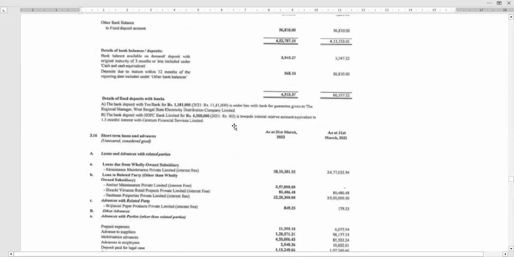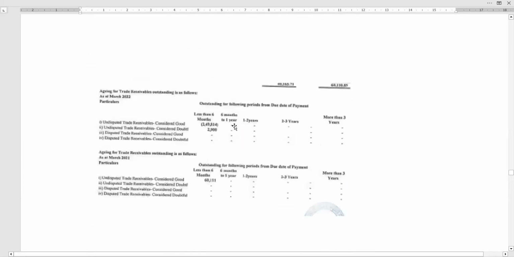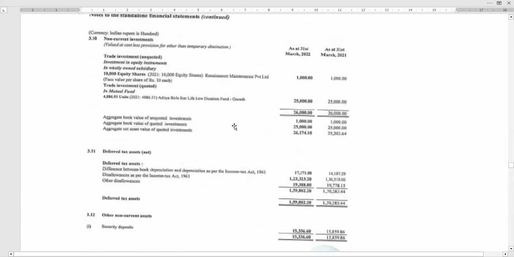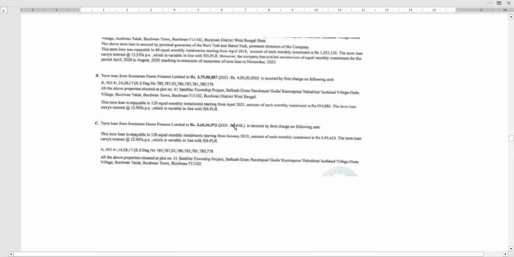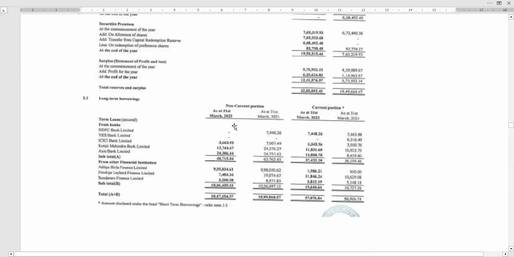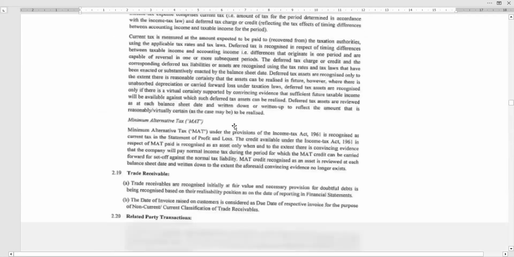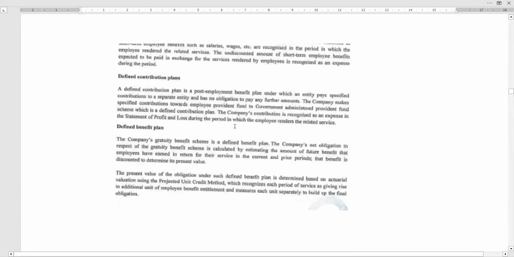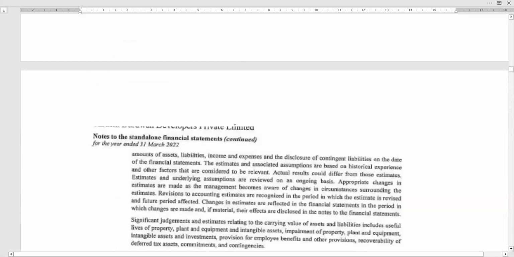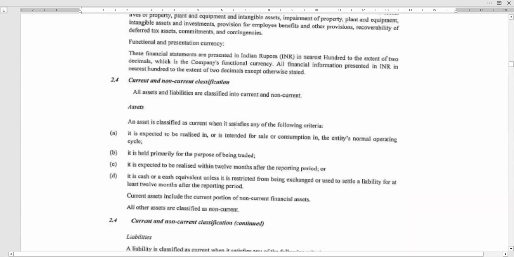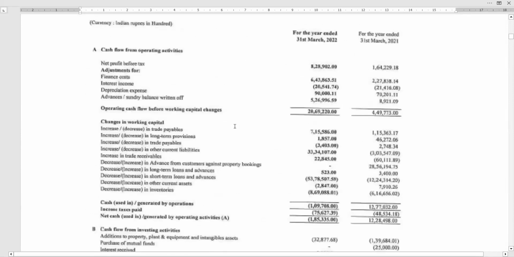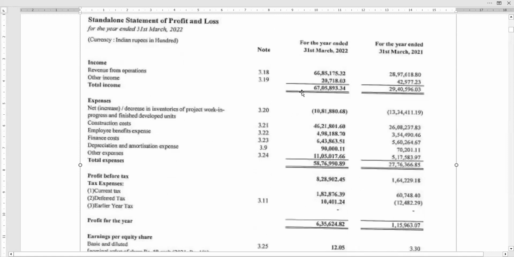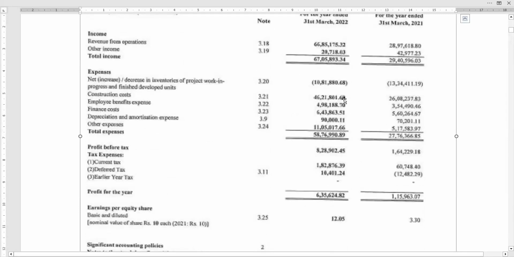If you go back and see the P&L, you see here now 10 lakhs is negative, 46 lakhs, 21 is positive.